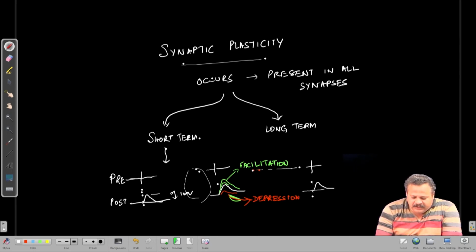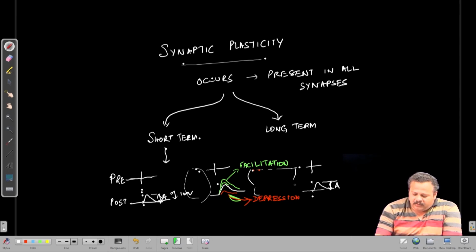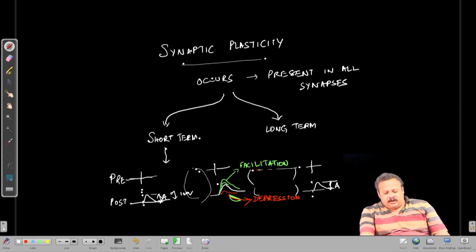So, if this postsynaptic potential EPSP is of amplitude A, at the end when we measure the synaptic strength again, we get back our A.